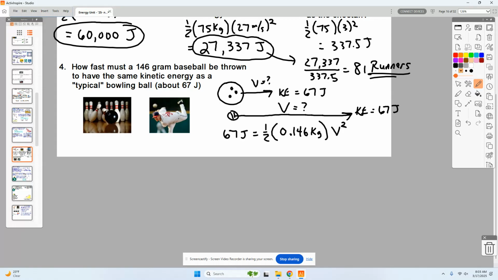Can you solve that equation for V? If kinetic energy is proportional to the speed squared, can I set up that equation and then solve that for V? Give that a go. See if you can work through that magic to get that value for velocity. Once you have that number, I'm walking around checking to make sure that people can do this kind of math. Circle that number.